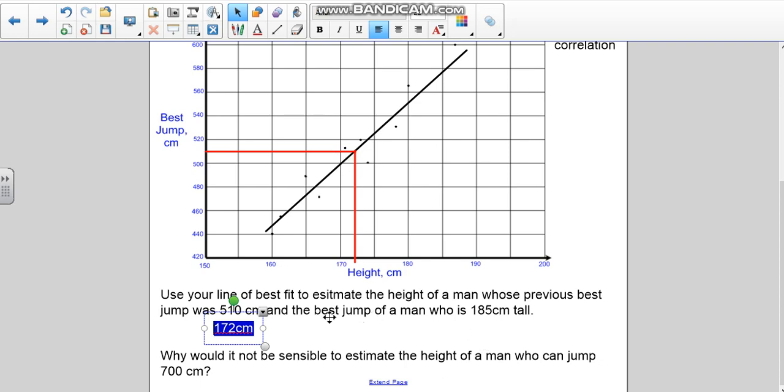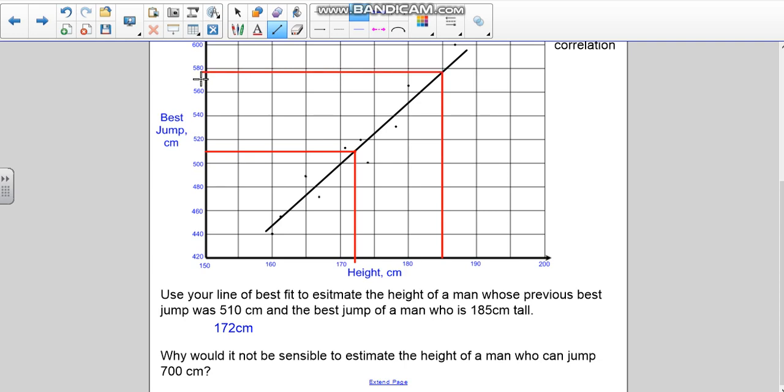If I wanted to see the best jump of a man who is 185 centimetres tall, this time I know the height, so I'm going to start with the height. So here's 185, so again I'm going to go up to 185 and read across. So this is 560, 570 is halfway. I would probably say that's 578 centimetres.